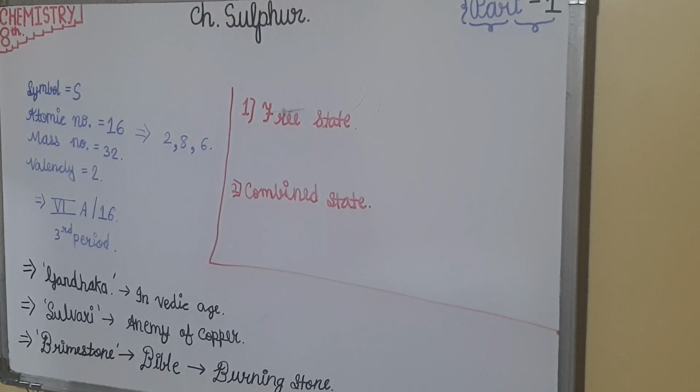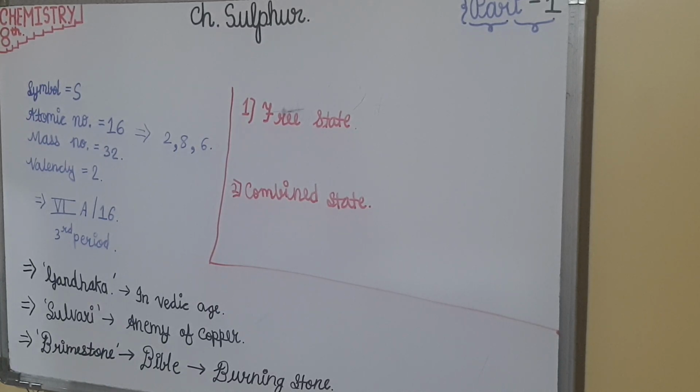Next is iron pyrites, that is iron disulfide, FeS2. And last one is zinc blende, that is zinc sulfide, ZnS. The most abundant of all sulfur minerals is iron pyrites, FeS2.